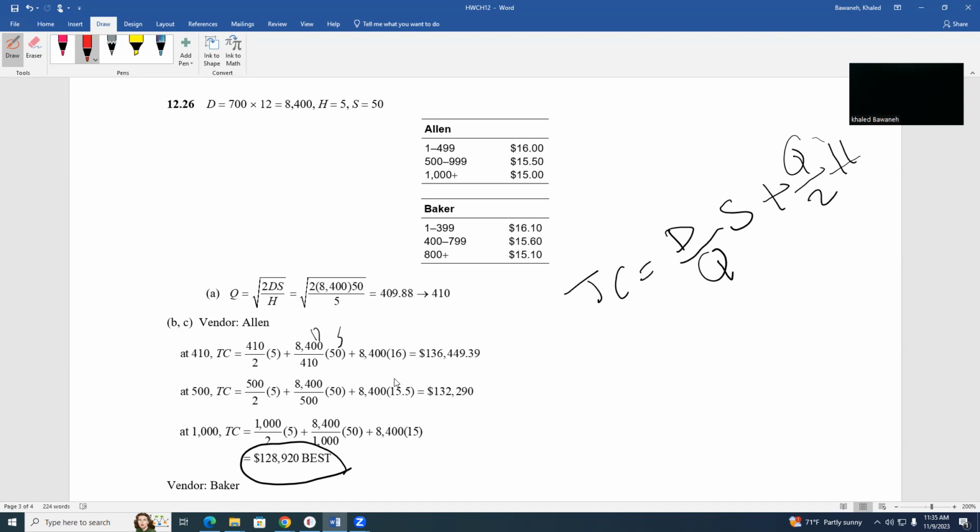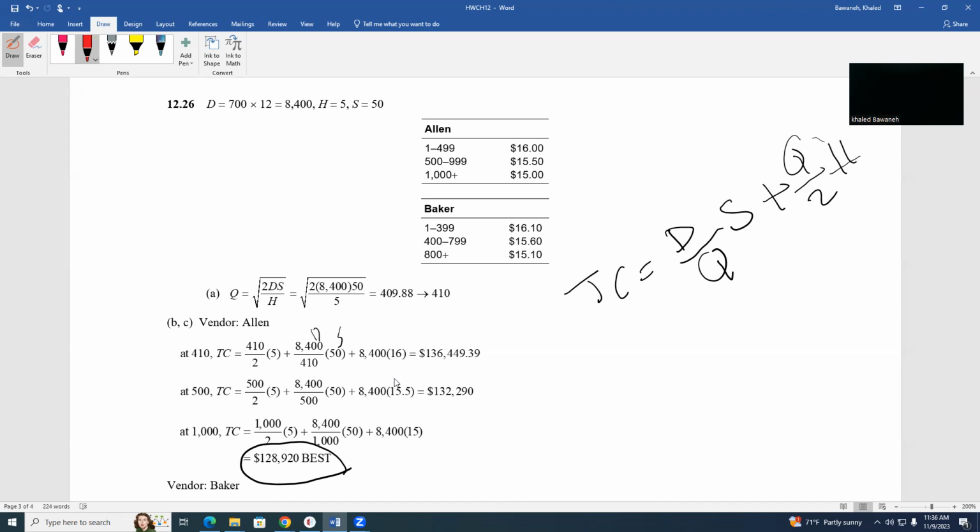So use your EOQ. Find the total cost. The total cost is similar to this. What's the total cost? It is the holding cost, right, plus the setup cost. The holding cost uses the average inventory, which is 14. We said how much the average inventory? 14 divided by 2.